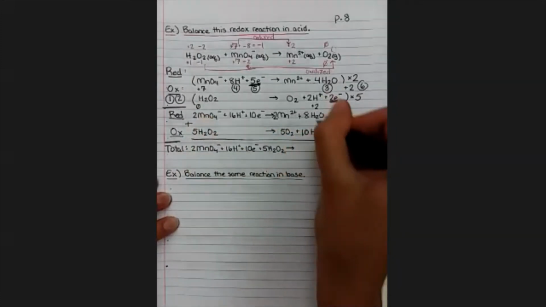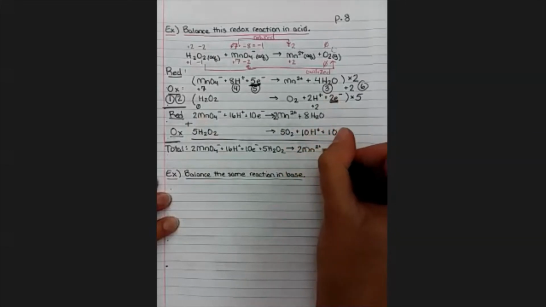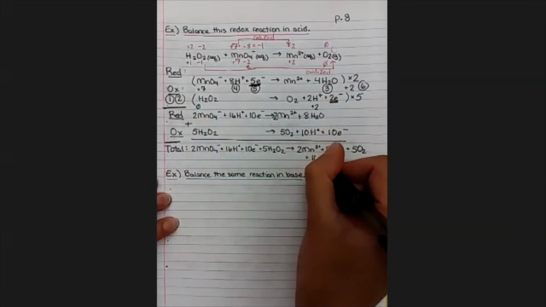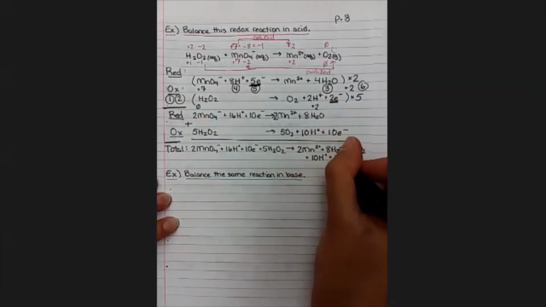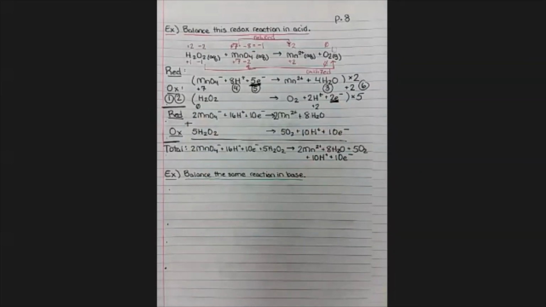And then from both of our right sides, we have 2 Mn2 plus 8 H2O plus 5 O2, and we're out of room, so we'll have to start writing it on the next line, plus 10 H plus 10 electrons, and then we'll look to see if there's anything we can cancel.